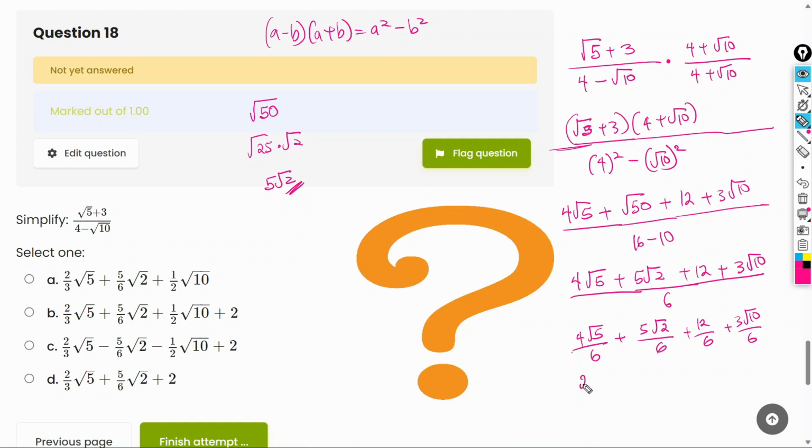So the first will simplify to 2 over 3 root 5, plus the next will be 5 over 6 root 2, plus 2, and plus 1 over 2 root 10. So that should be the final answer: 2 over 3 root 5 plus 5 over 6 root 2 plus 1 over 2 root 10 plus 2. That's option B. Option B is the correct one.